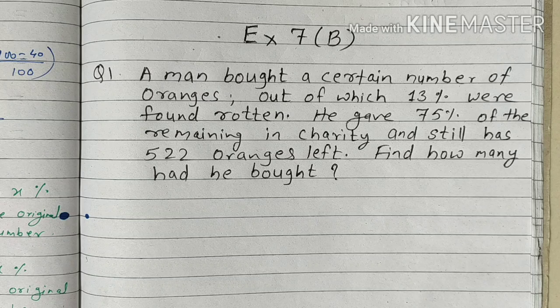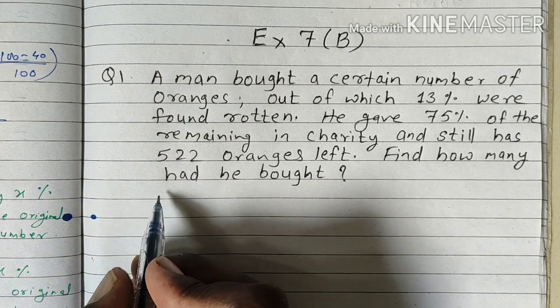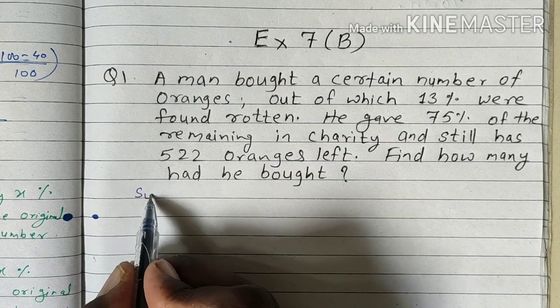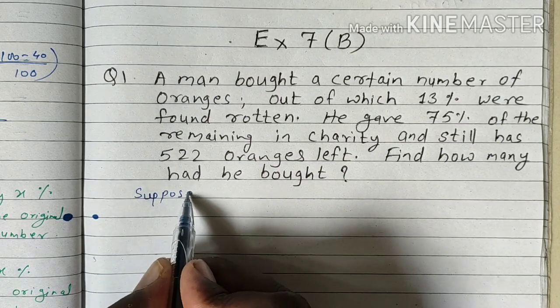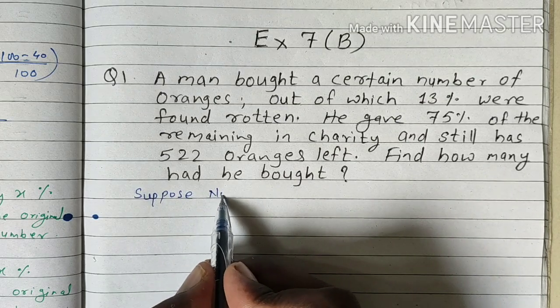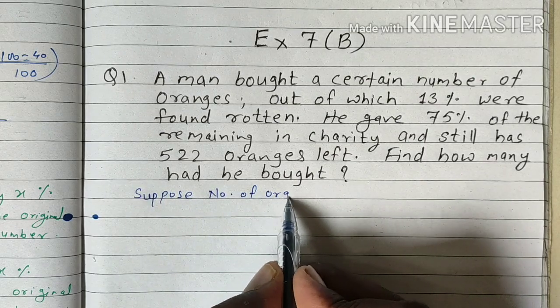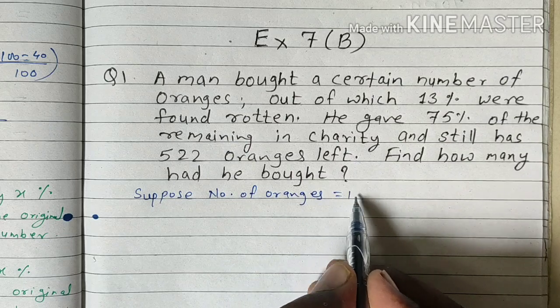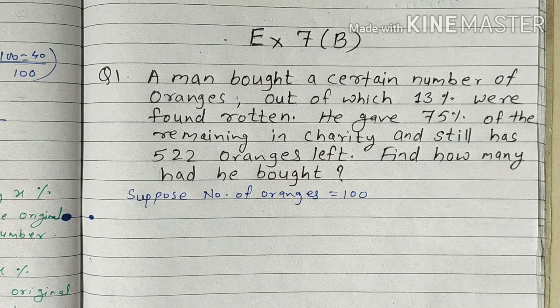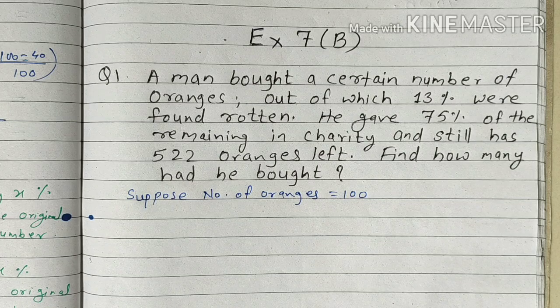So actually this question we can solve by using the X method, or we can also solve it by assuming the total number of oranges as 100. Okay, so let us solve this question by using the 100. Suppose the number of oranges is assumed as 100. Okay, total number of oranges are 100 we have considered.